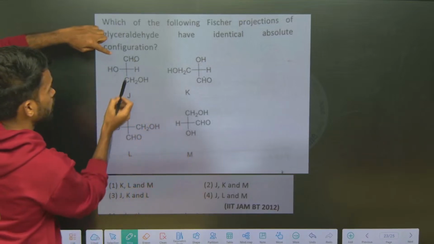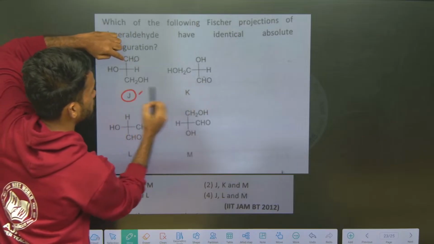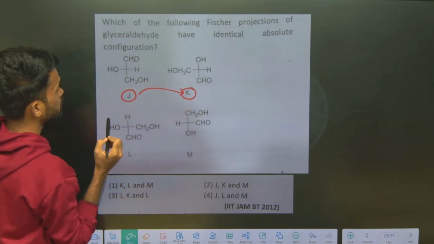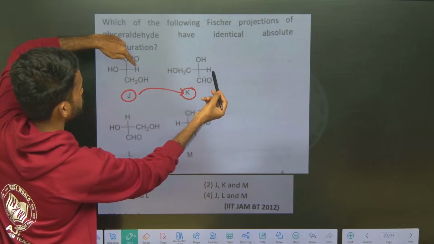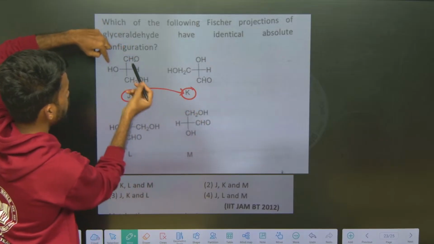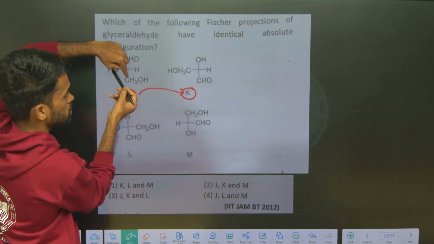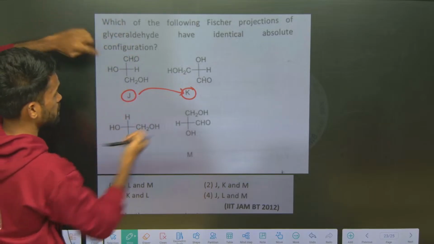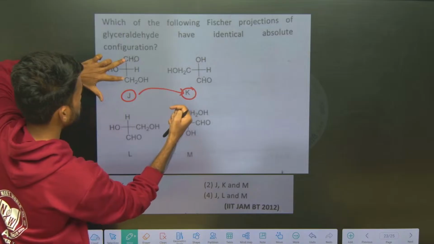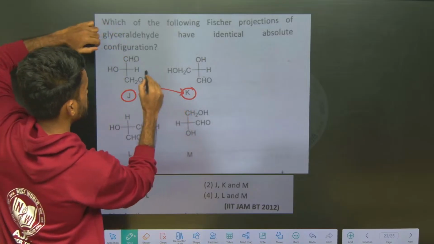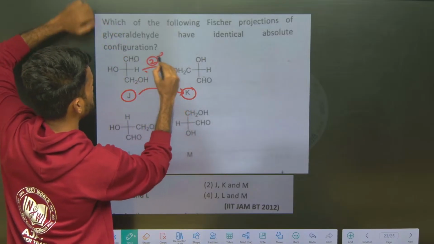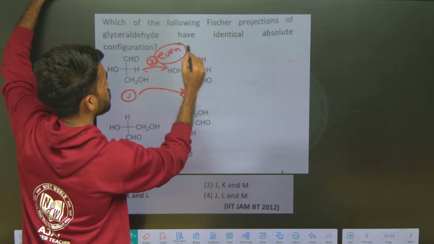See, from J to K, what is the difference you are seeing? Position of H is same, but OH, this one exchange and 2 exchange. 2 exchanges only, no? Once again check, H is fixed, 1 exchange, 2 exchange. So from here to here, 2 means even exchange. Even exchange means what I told you?